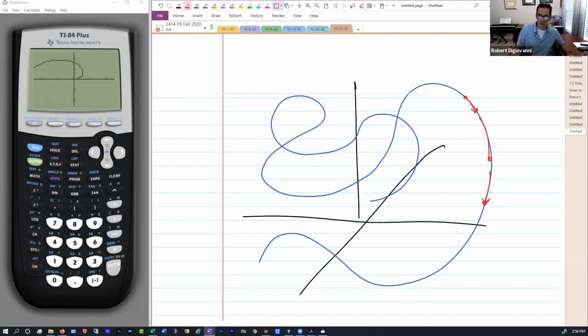Velocity is a vector, so that would give you both the speed and the direction. But you can't do any of that until you have dealt with the idea of parametric equations, which gets us around the whole vertical and horizontal line test. It opens up a whole new world to us.